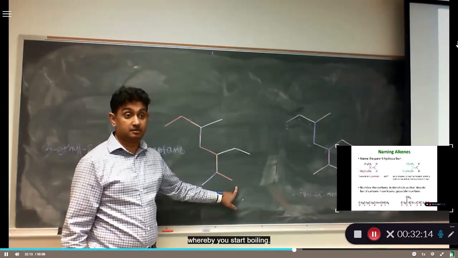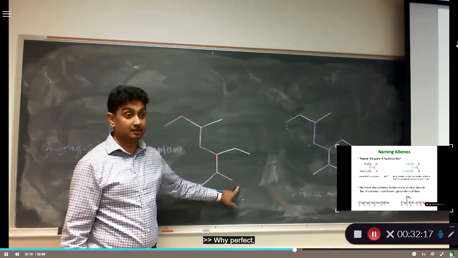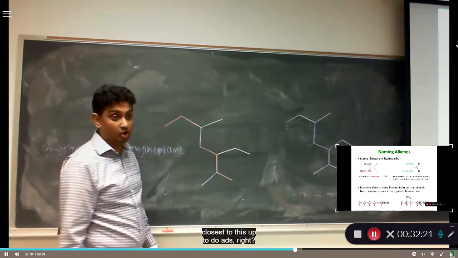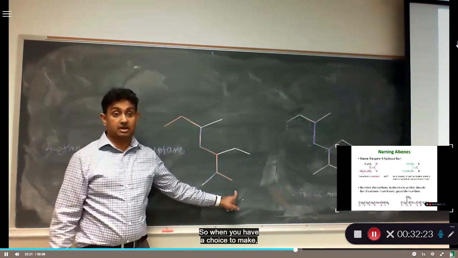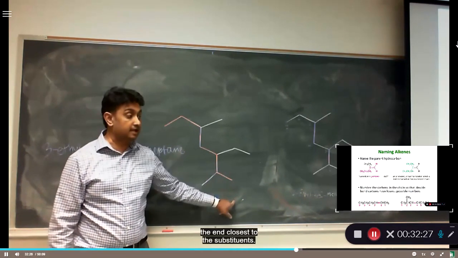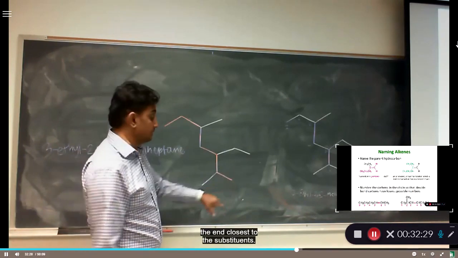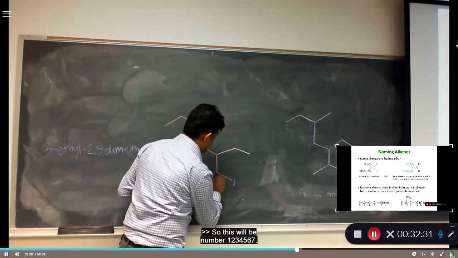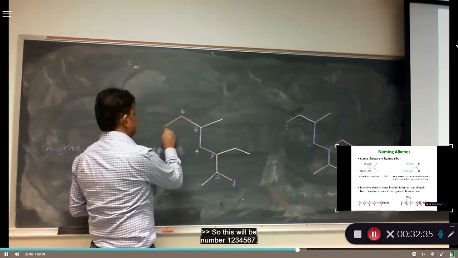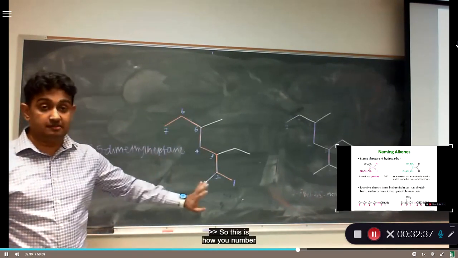Where will you start? Bottom. Why? It's closer to the first. Perfect. Closest to the substituents, right? So when you have a choice to make when it comes to numbering the carbon chain, you will start from the end closest to the substituent. So this will be number 1, 2, 3, 4, 5, 6, 7. Okay? So this is how you number them.